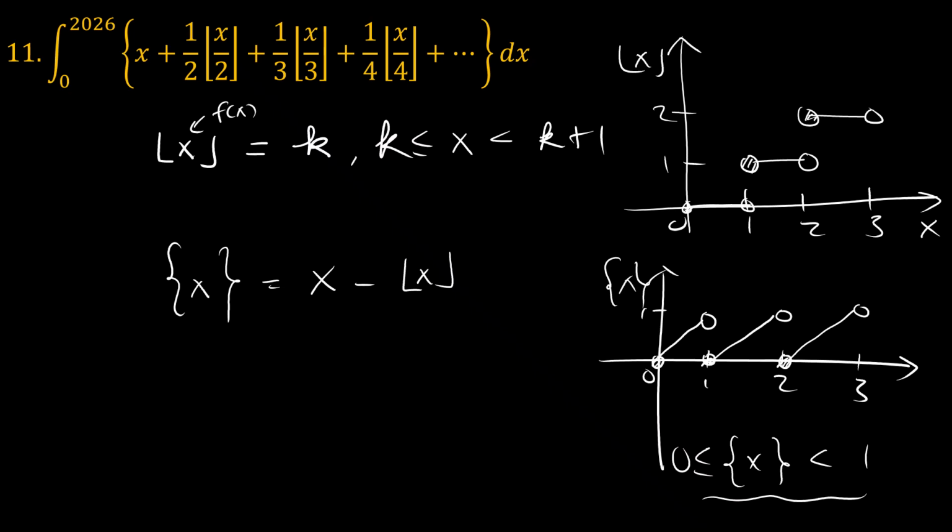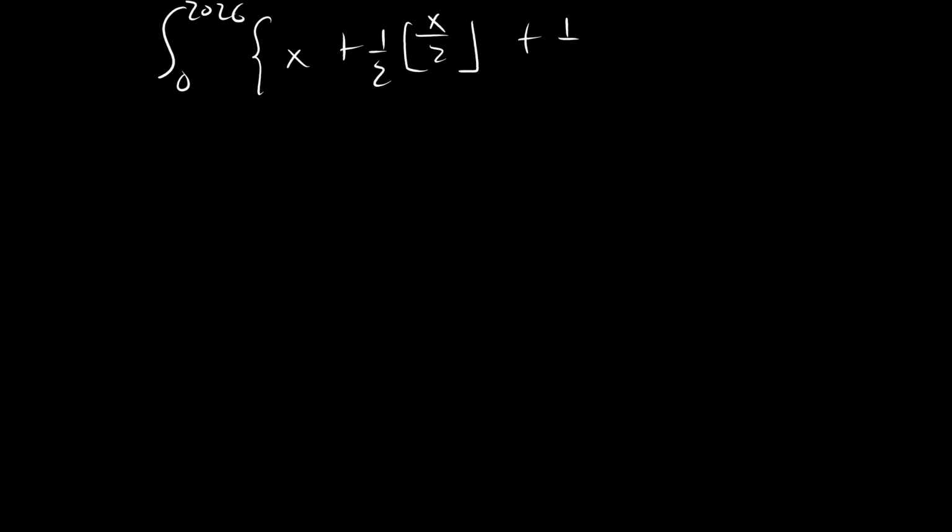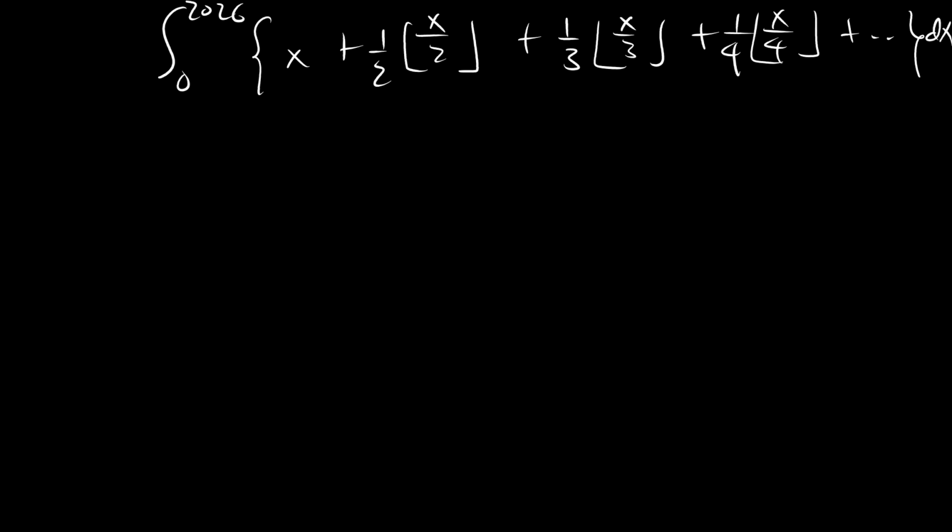The integral from 0 to 2026 of the fractional part of x plus a half floor x over 2 plus a third floor x over 3 plus a quarter floor x over 4, and so on. How may we be able to solve that?